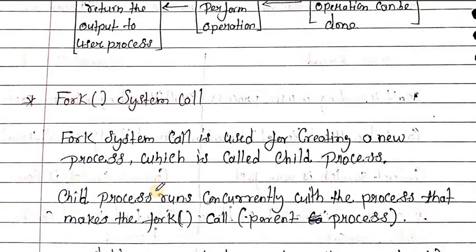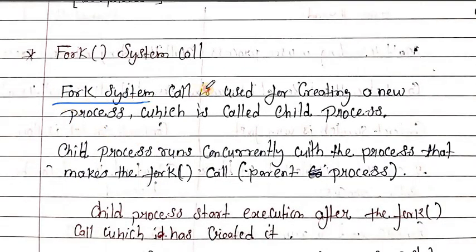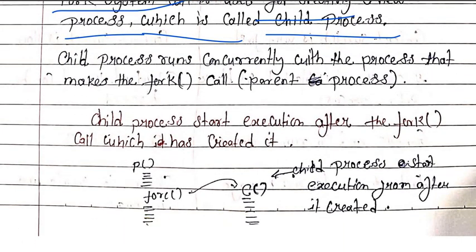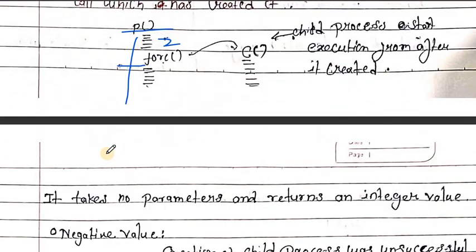The fork system call. The fork system call is used to create a new process, which is called a child process. Here the process P1 has code, and after executing some lines of code, we call the fork function.